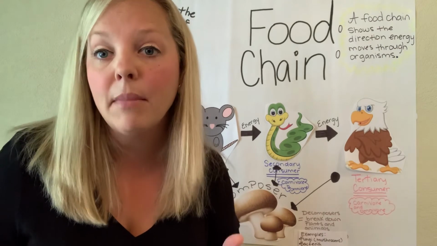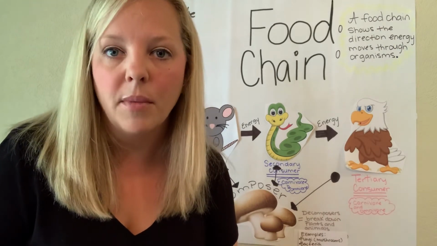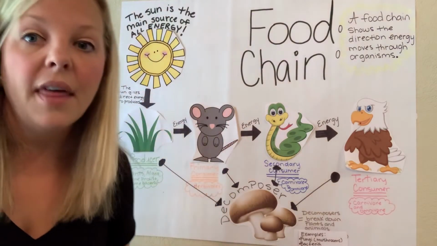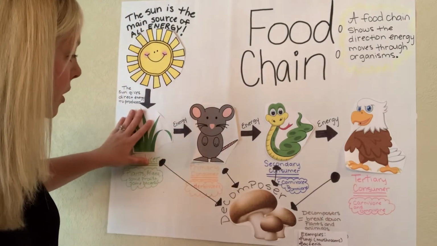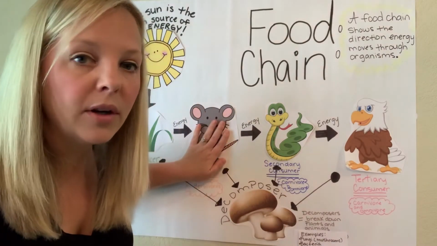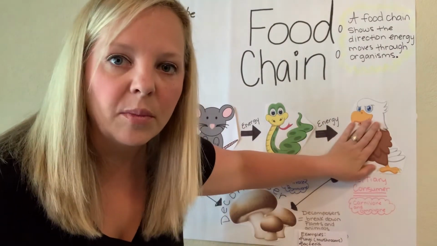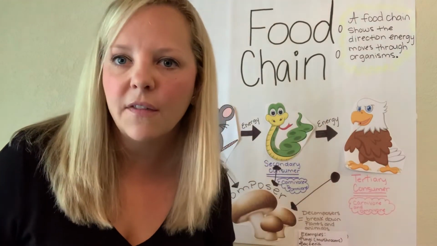And so they could eat meat if they're a carnivore, or they could eat meat and plants if they're an omnivore. These are the 4 trophic levels that I needed to cover with you guys today. So again, it's producer, primary consumer, secondary consumer, and tertiary consumer. Each of the arrows are pointing in the direction the energy is flowing.